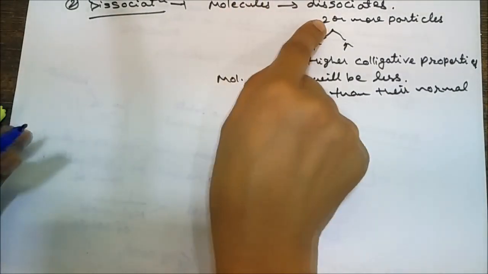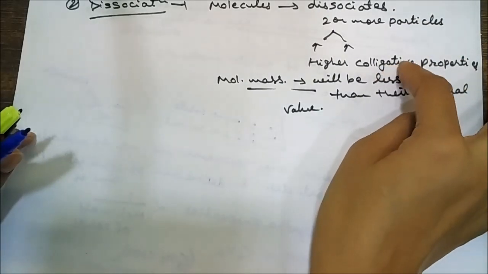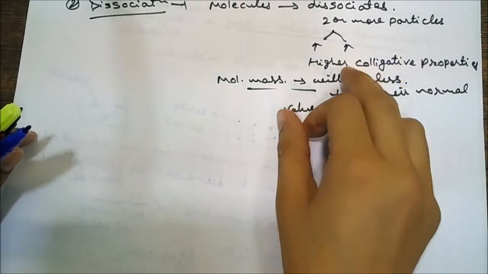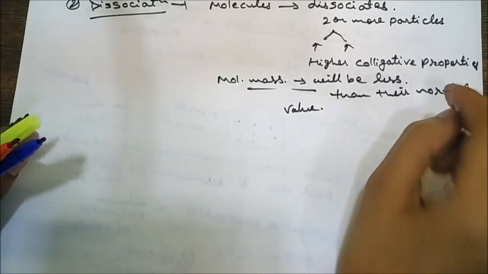If one molecule is dissociating in two or more, then its colligative properties will be more, and the molecular mass calculated from these colligative properties will be less as compared to their normal values.